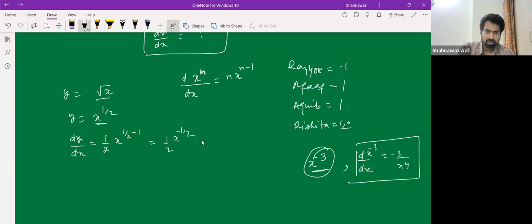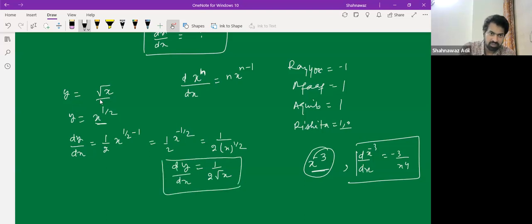This goes in the denominator and becomes root x. So 1 by 2 root x. You saw that the differentiation of root x is 1 by 2 root x. Is that clear, guys?